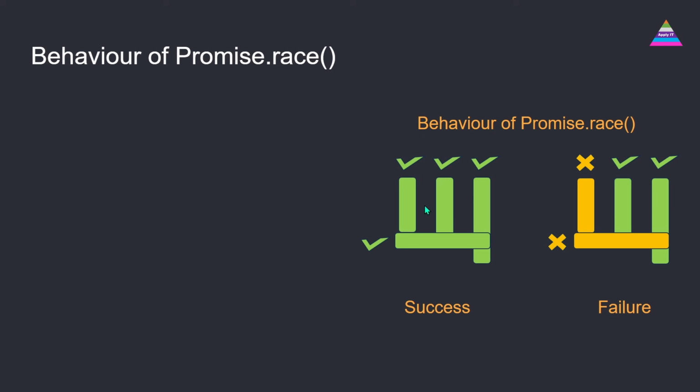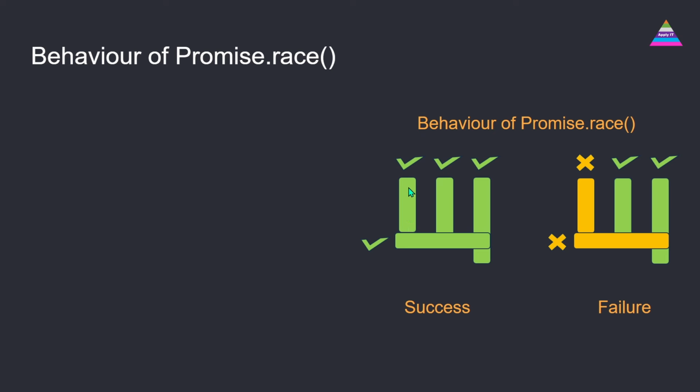Now let's understand the behavior of the Promise.race method. Again, we consider two situations: one where all input promises are fulfilled, and in the second case, any one promise is rejected. When all promises are fulfilled, we get a response from the first promise that is fulfilled. Consider that the first promise takes 3 seconds, the second promise takes 4 seconds, and the third promise takes 5 seconds.